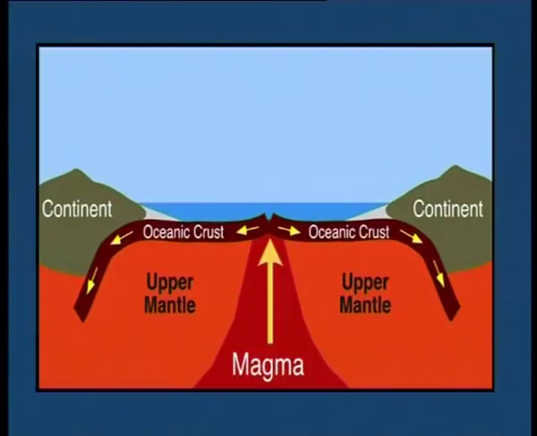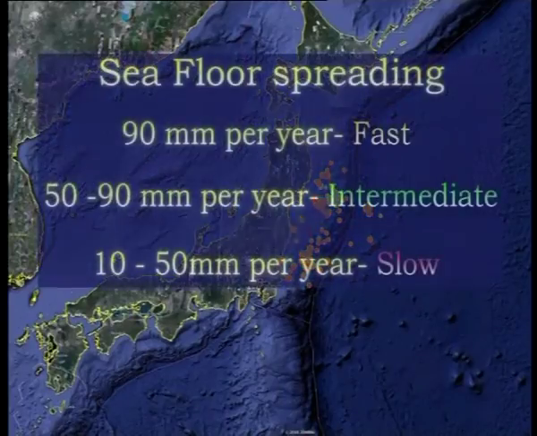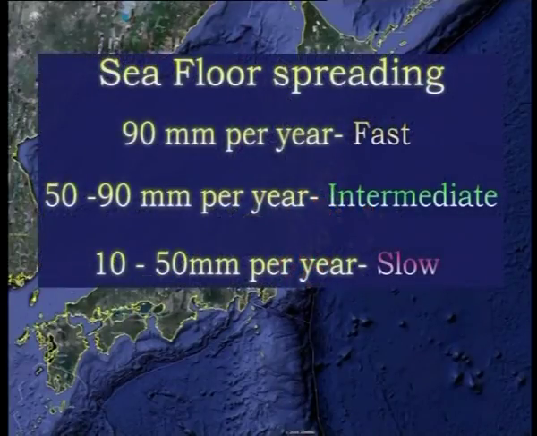The fast moving plates or fast spreading ridges move at around 90 millimeters per year. Between 50 and 90 millimeters, the spreading rate is called intermediate spreading rate, while below 50 and above 10 millimeters per year is known as a slow spreading ridge.